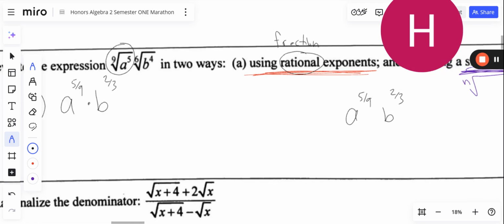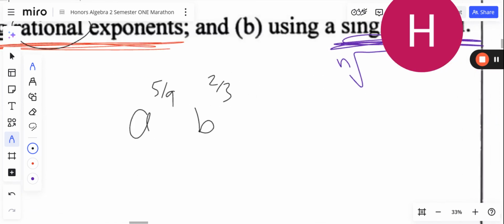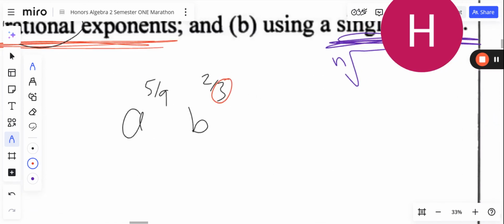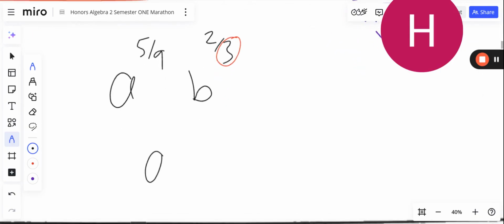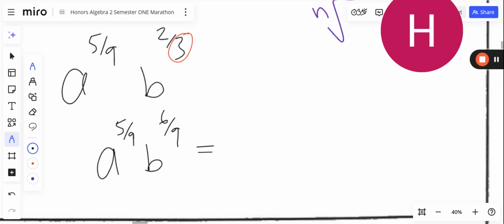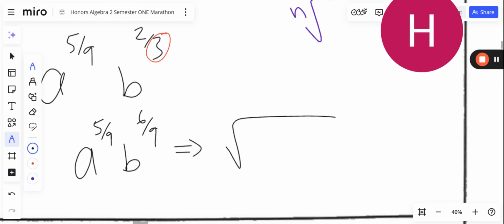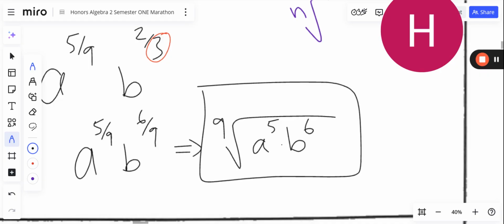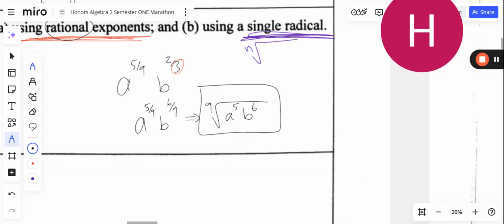So those would not use the same radical, but if we want to use the same radical, we just need the same denominator on the exponent. And so we can change this fraction, kind of like if you were getting a common denominator, really. This would turn into 6/9. And so this would end up with the 9th root of a to the 5th times b to the 6th. Fascinating.